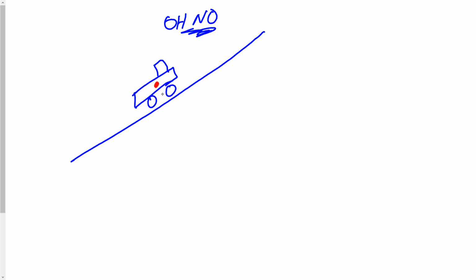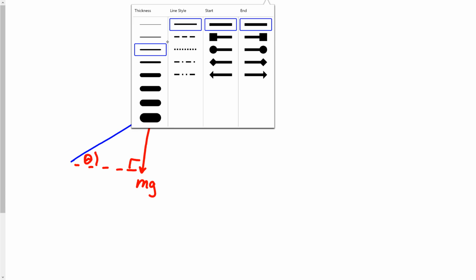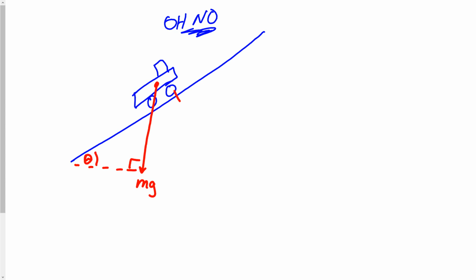Let's look at your diagram. We would have an mg that is straight down. I'm drawing that mg to show you why, if the hill is at an angle of theta, then the mg is also at an angle of theta.